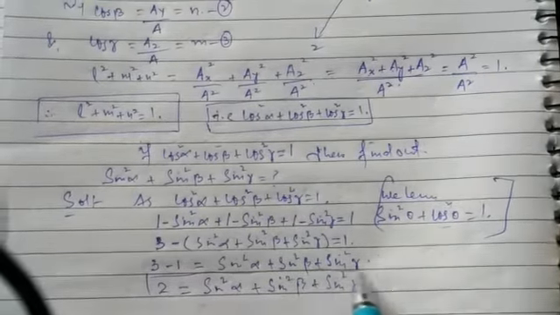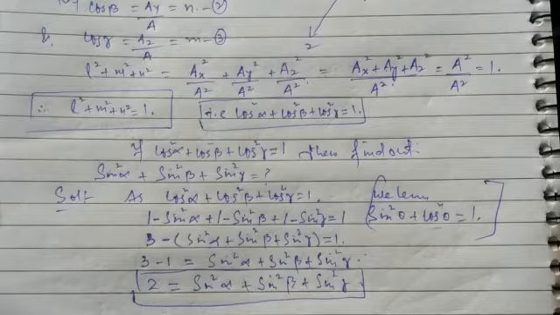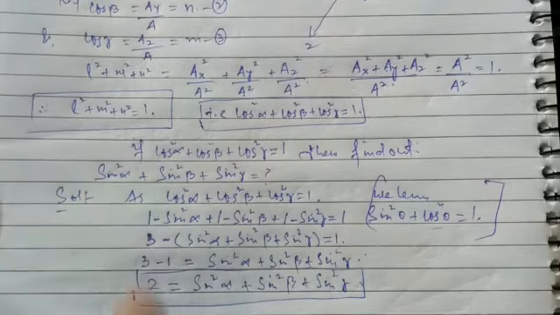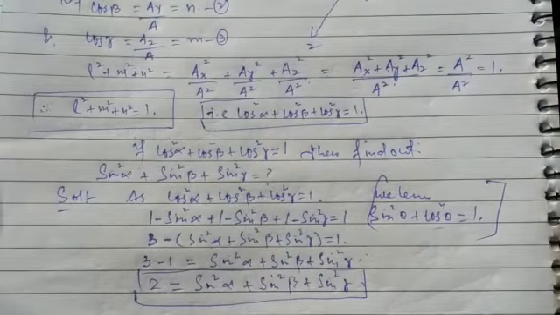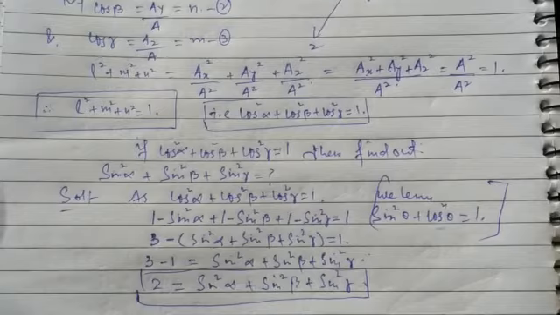So this is how we can solve this numerical: if the sum of the squares of the direction cosines is equal to 1, then find sin square alpha plus sin square beta plus sin square gamma, and we have finally shown that this comes out to be equal to 2.